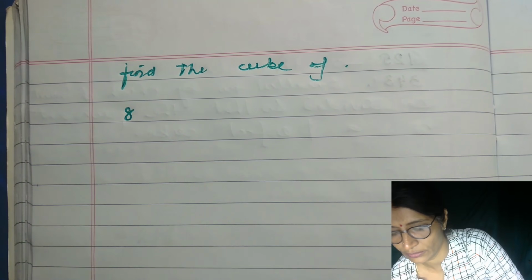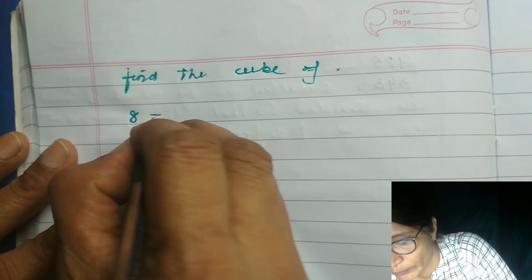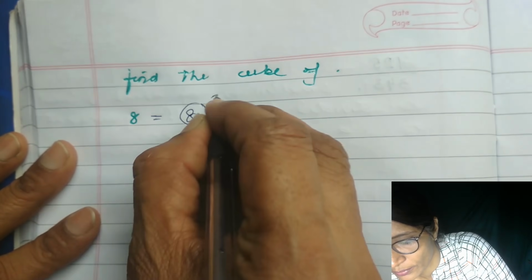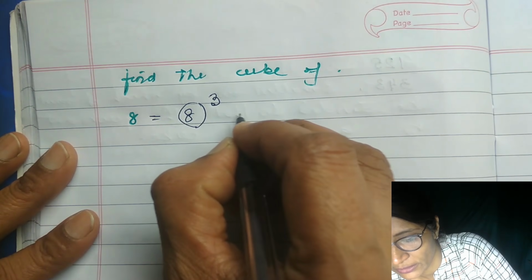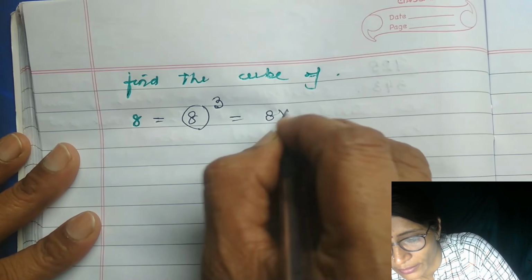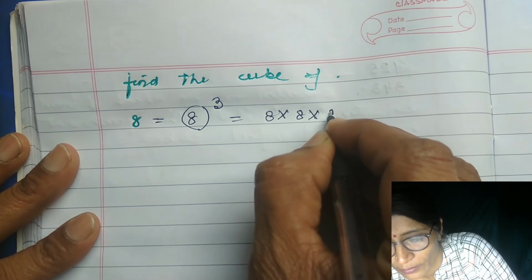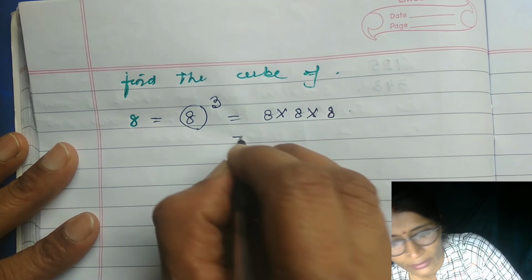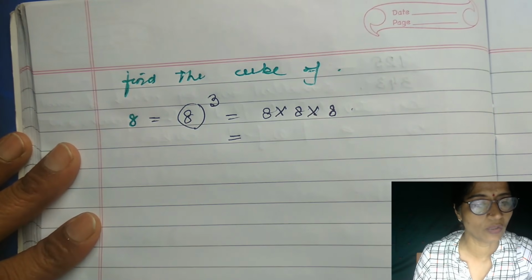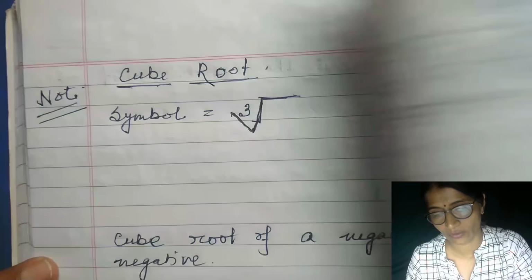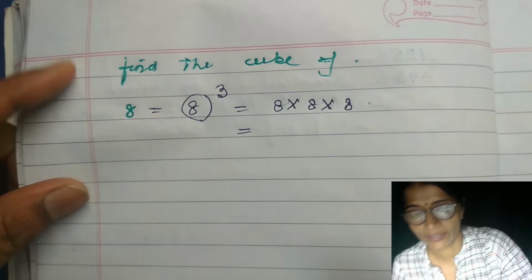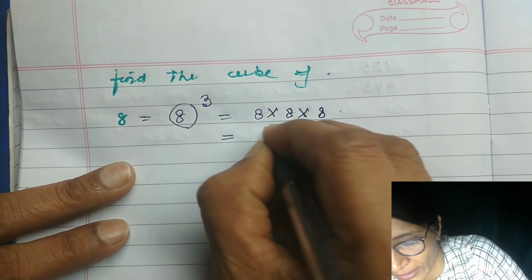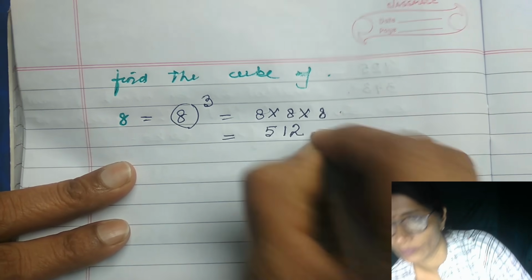That is equal to 8 cube, that is 8 into 8 into 8, and we have calculated it already. So it is 512.